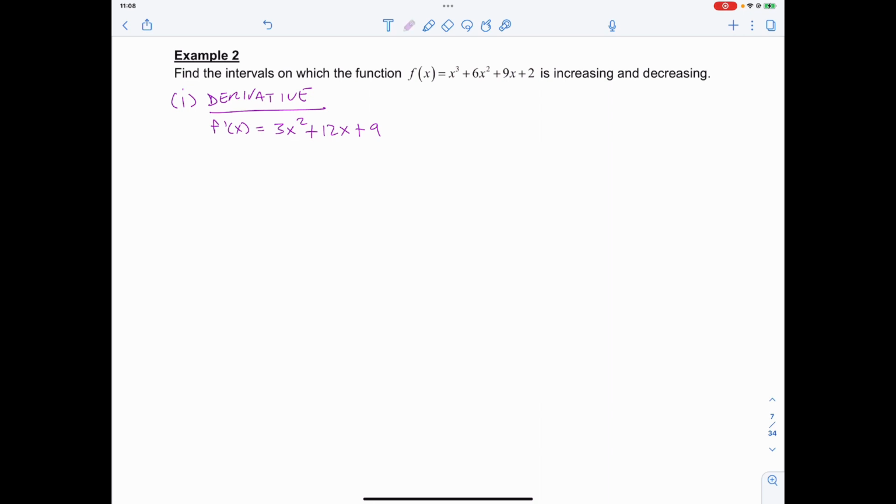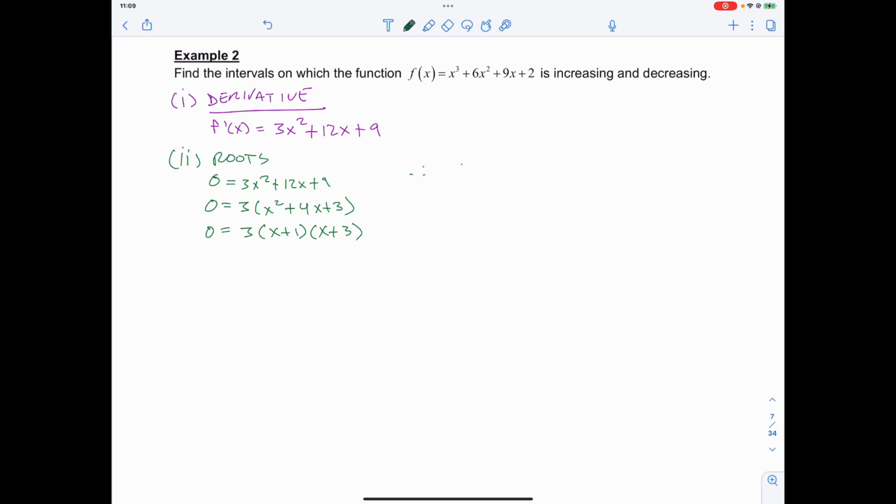Step 2, find the roots. In this case, if 0 is equal to 3x squared plus 12x plus 9, this is my quadratic, I'm going to factor it. 0 is equal to 3 bracket x squared plus 4x plus 3, or 0 is equal to 3 bracket x plus 1 and x plus 3.